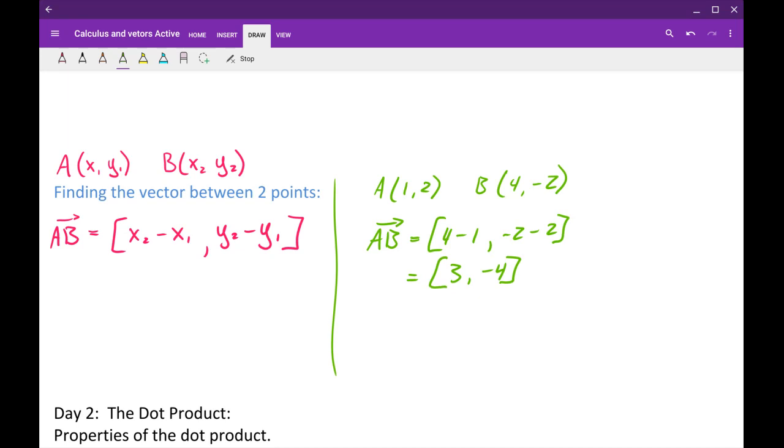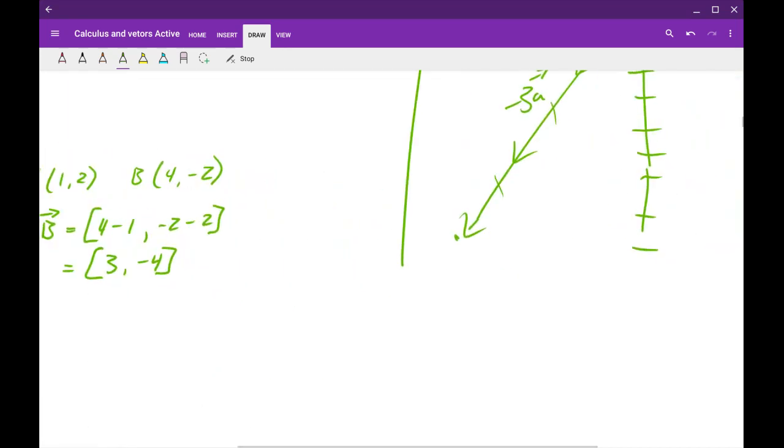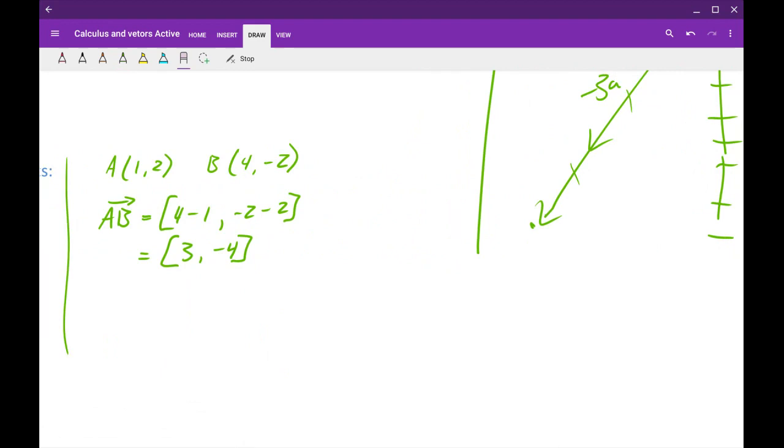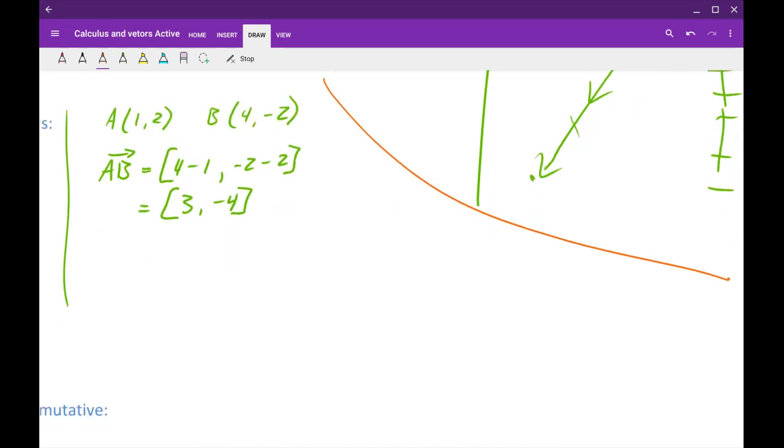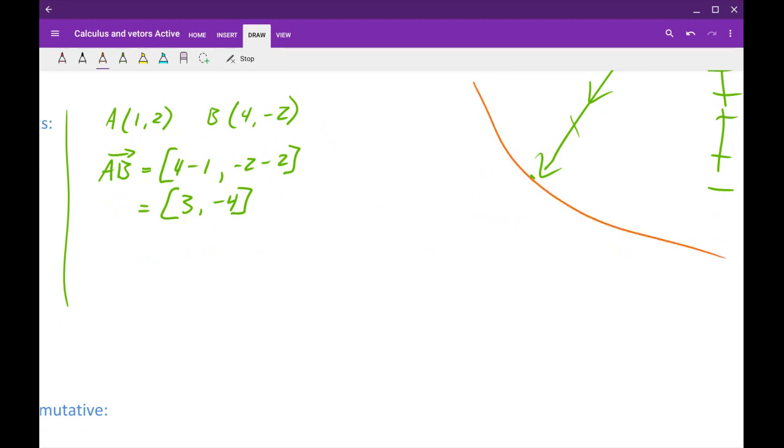Interesting. Well, let's actually draw a picture of this. Let me get an orange here. We're going to draw a picture of what we just did. Let's see, how much room am I going to need?